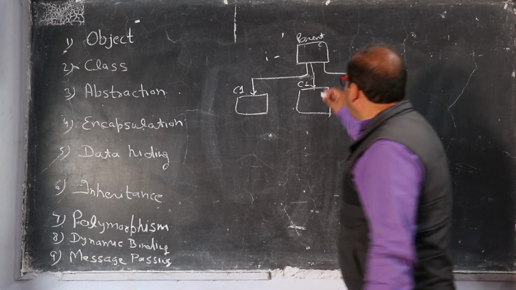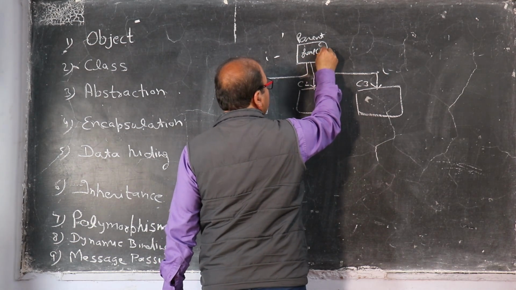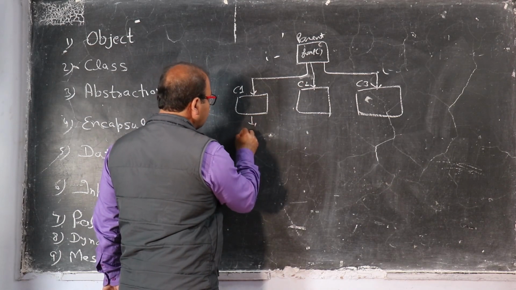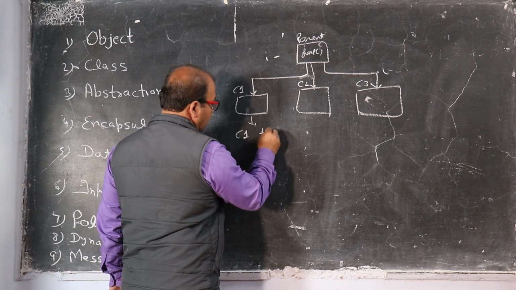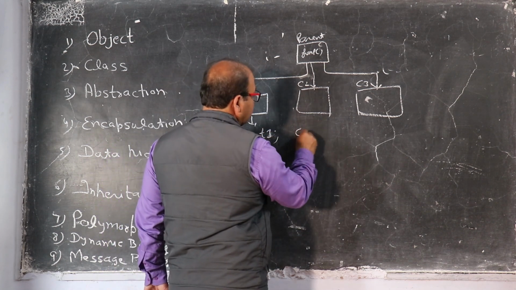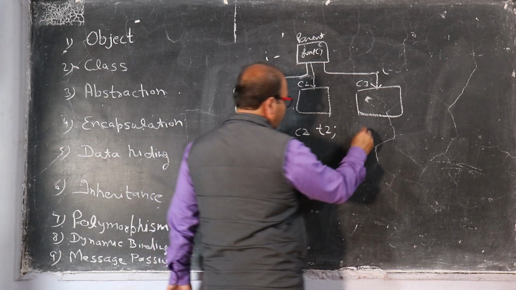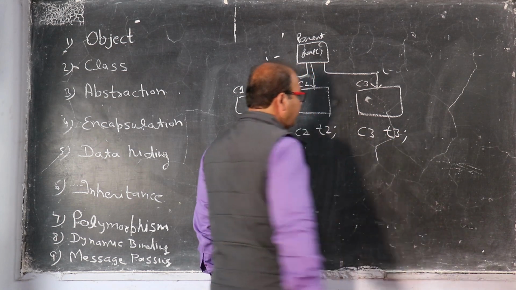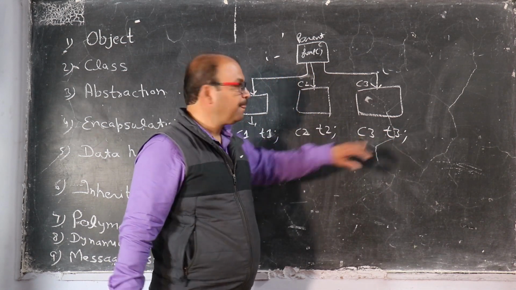So in the hierarchical inheritance, say there is a function fun P, function parent, and we have the object of class C1 is, you can say, T1, object of class C2 is T2, and T3 is the object of class C3.